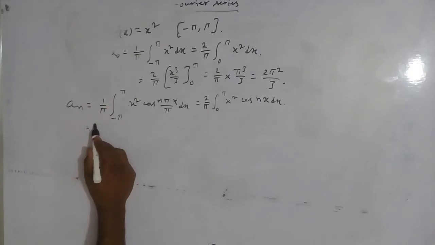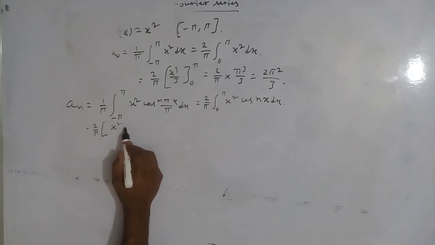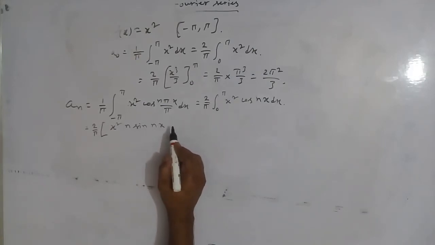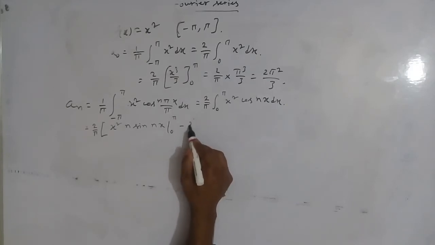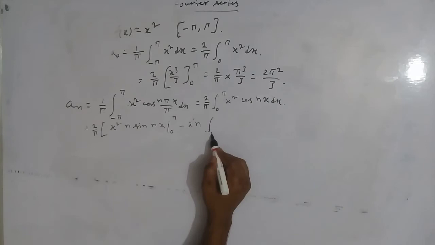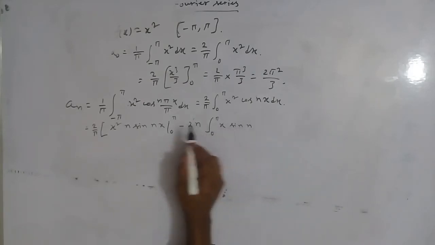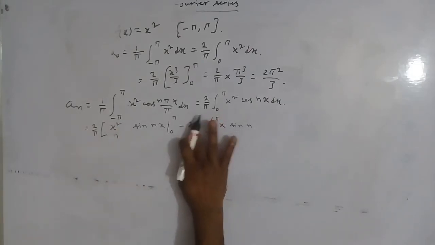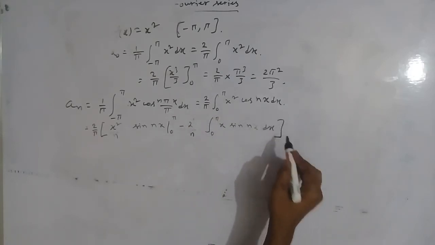So 2 by pi is constant, first function is x square, integration of second, that is sin nx by n, from 0 to pi, minus integral from 0 to pi of 2x times sin nx by n dx.